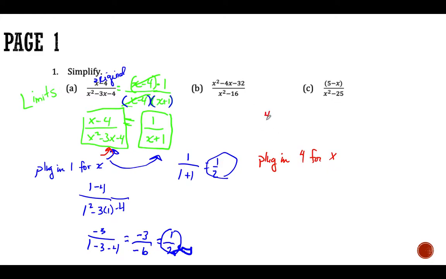So I get 4 minus 4 over 4 squared minus 3 times 4 minus 4. I get 0 on the top, no big deal. I get 16 minus 12 minus 4. I get 0 over 0. Uh-oh.